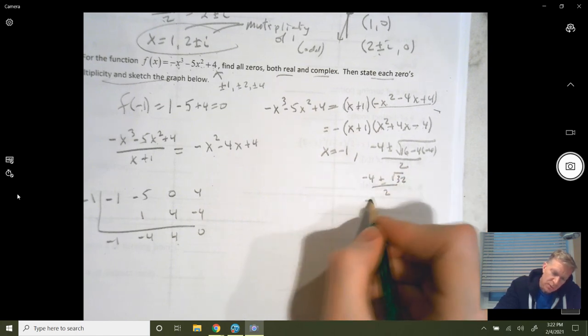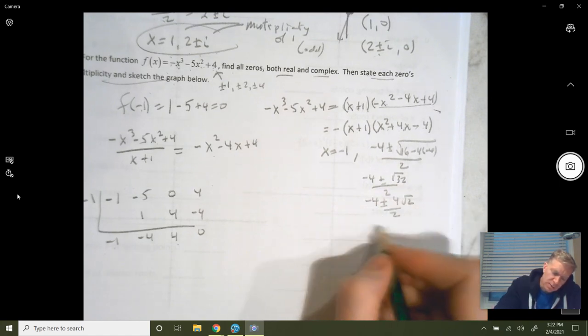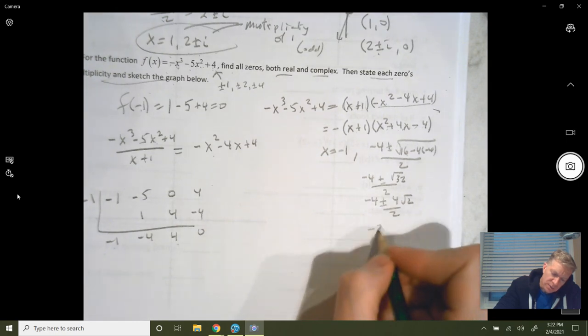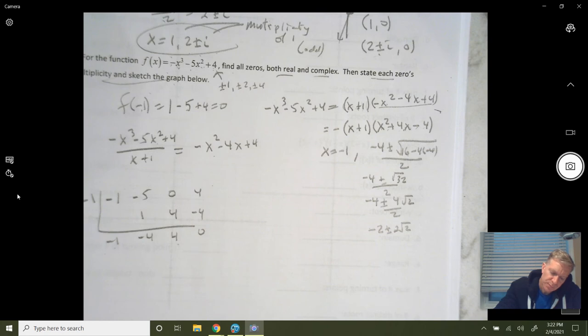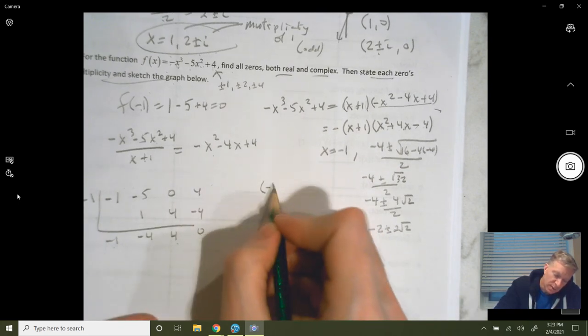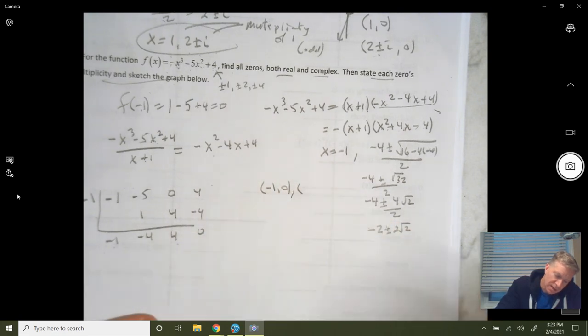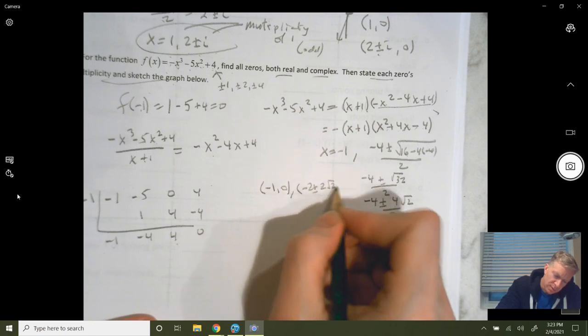So -4 plus or minus, that's going to be 16 times 2, so 4 rad 2 over 2. Dividing, -2 plus or minus 2 rad 2. Okay, so our x-intercepts are going to be (-1, 0), and (-2 plus or minus 2 rad 2, 0).